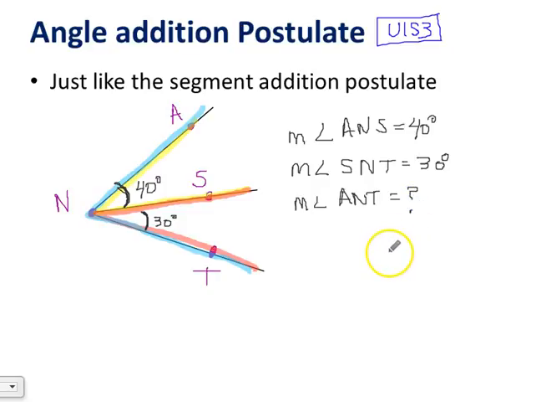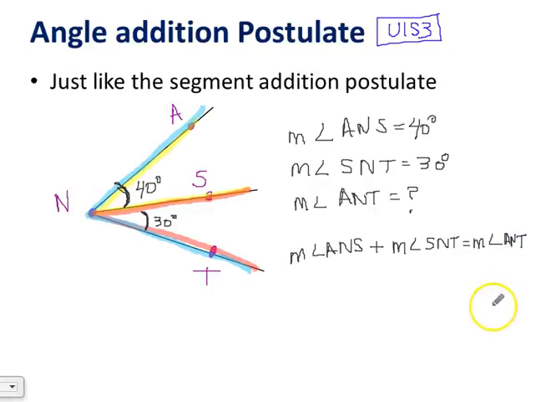Well, think of what we did for the segment addition postulate. If we were just to say that the measurement of angle ANS, if we add that with the measurement of angle SNT, we'll get the measurement of that big angle here, the ANT, that makes up this entire angle, which would be the measurement of angle ANT.